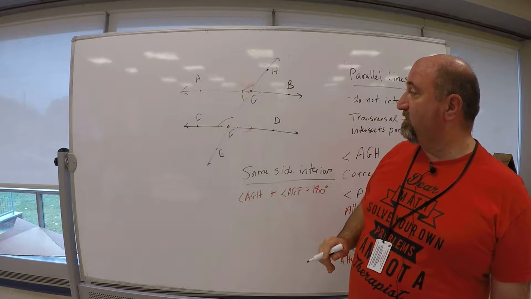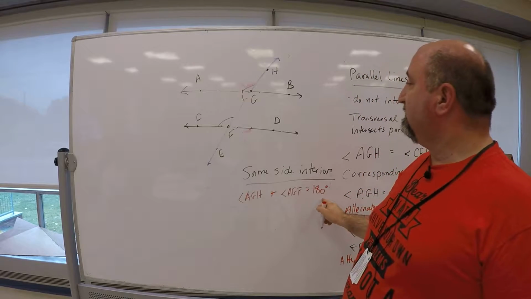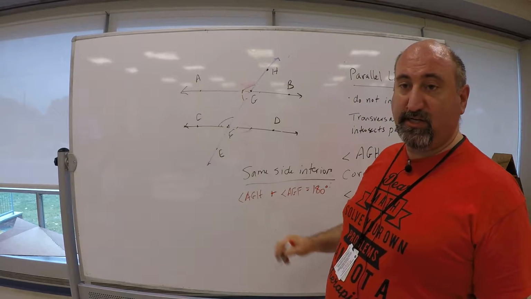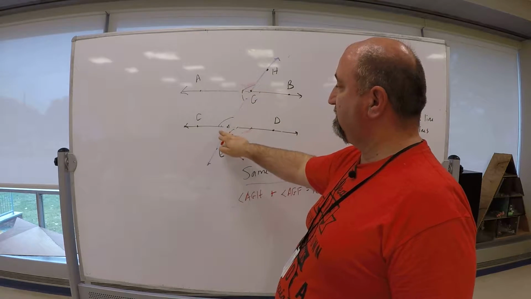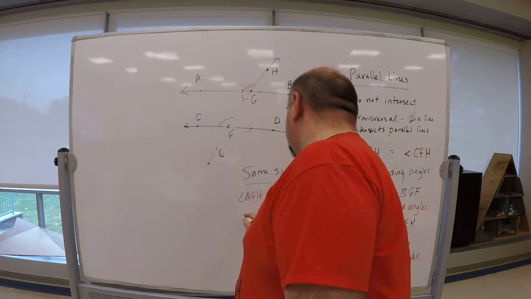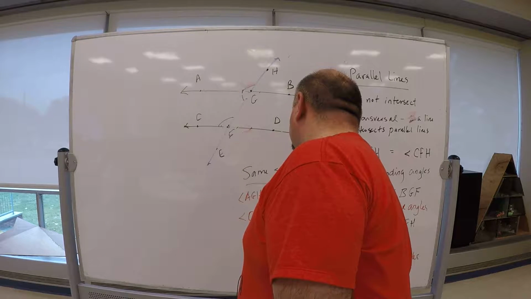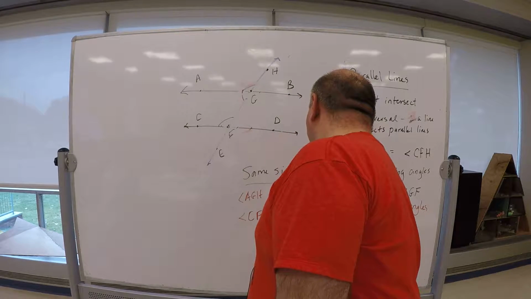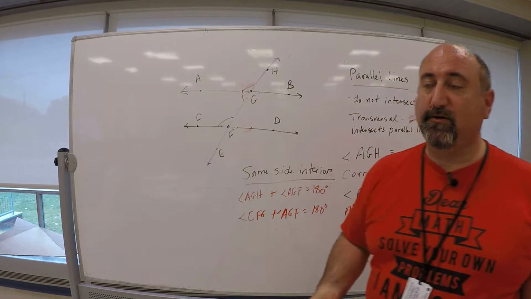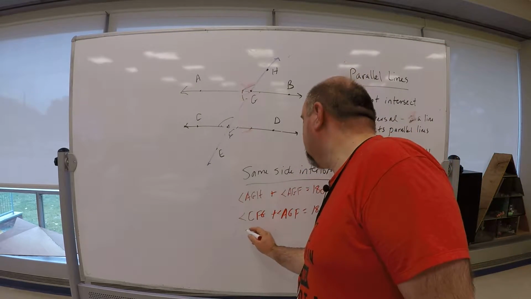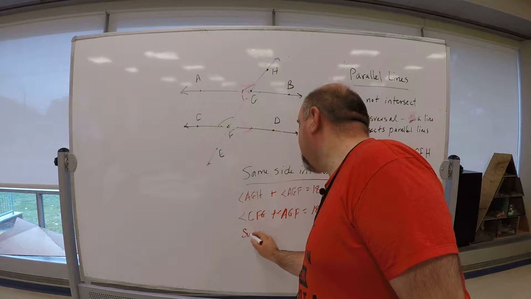So therefore, AGF is going to be the supplement of AGH. Well, we know that AGH is equal to CFG, that's our corresponding angles. So CFG plus AGF is also equal to 180 degrees. So we can say in general that same side interior angles are supplementary.